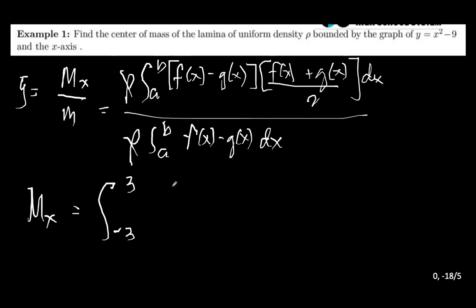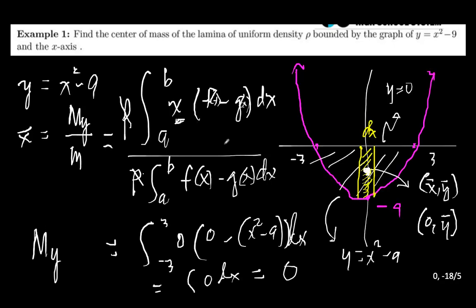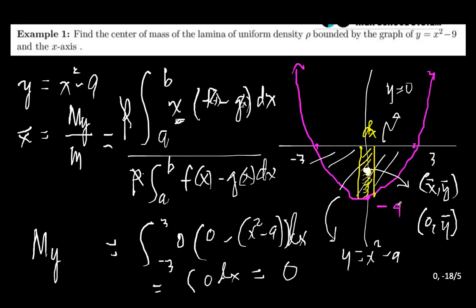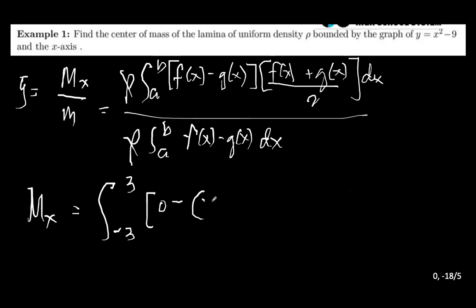And what is our f of x? F of x is our upper function, because it's dx. So that's 0 minus our g of x, which is x squared minus 9 over 2 dx.